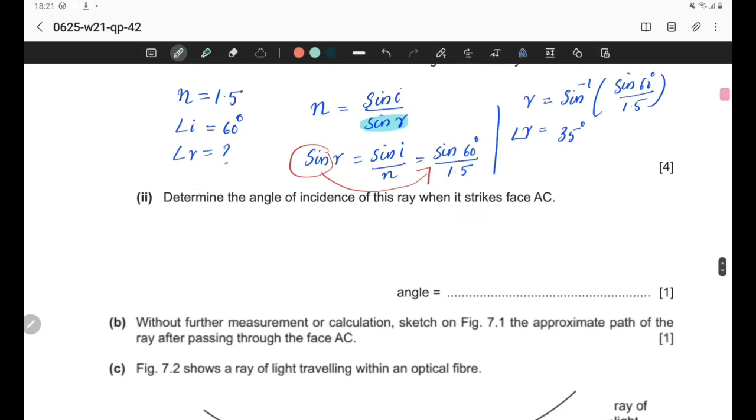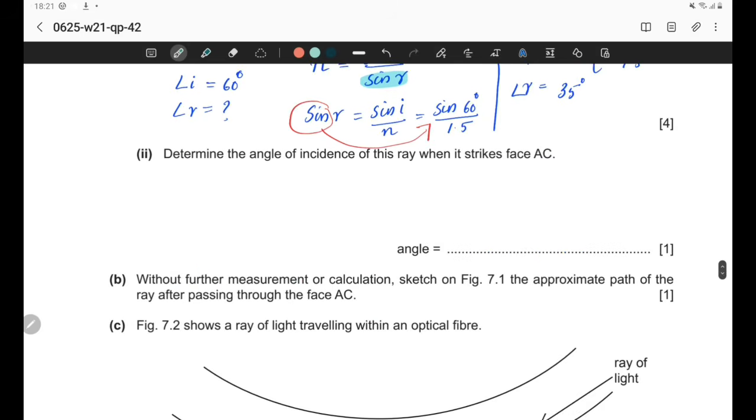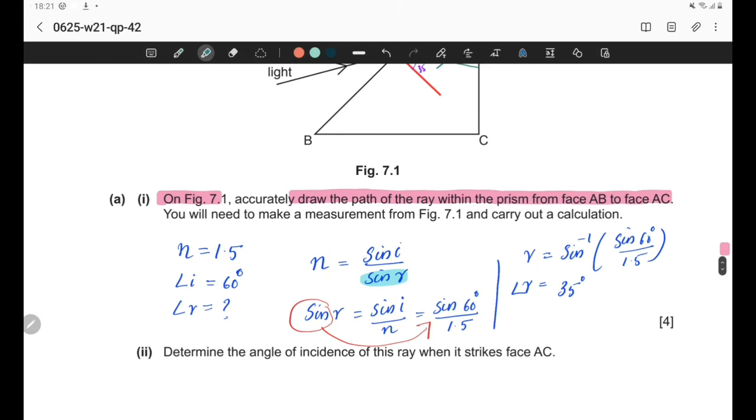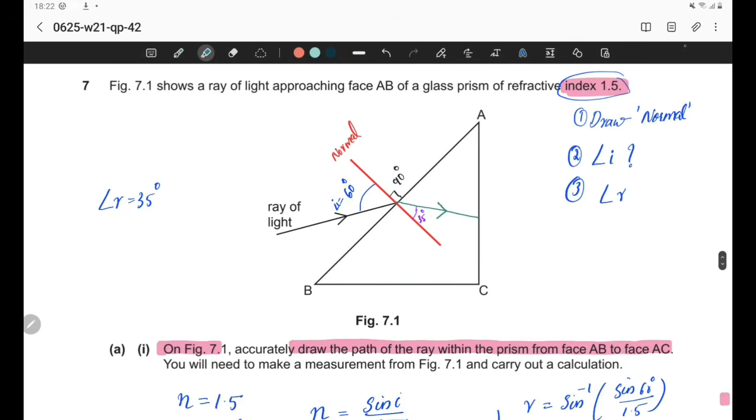Part 2. Determine the angle of incidence of this ray when it strikes face AC. So now we have to measure the angle of incidence of this ray when it strikes face AC. So here, in order to measure the angle of incidence at this point with respect to the surface AC, we have to draw another normal. Normal means nothing but a perpendicular line from the surface AC.